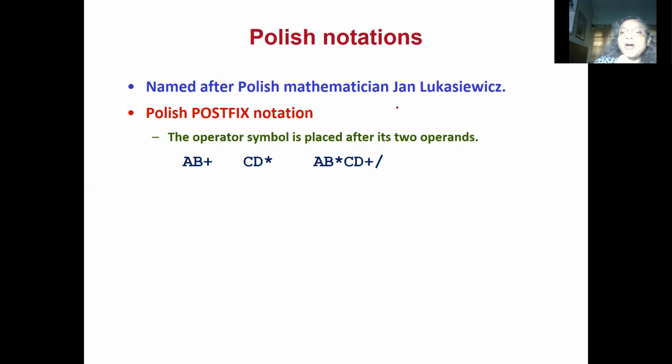If A is an operand, you push A into the stack. You have to start with an empty stack. You take the next token. If the token is an operand, that is A, B, 4, 15, you push it onto the stack.